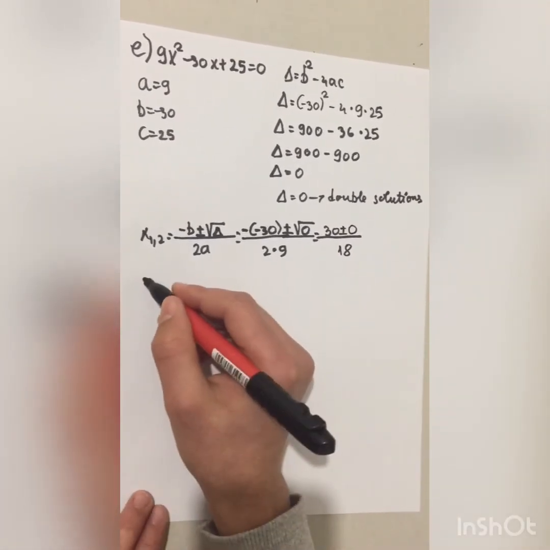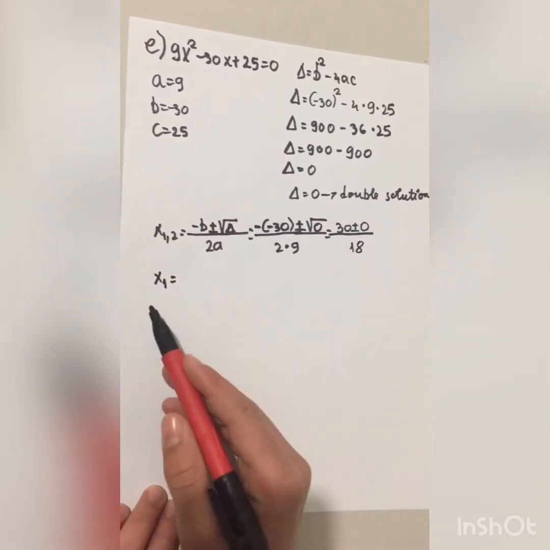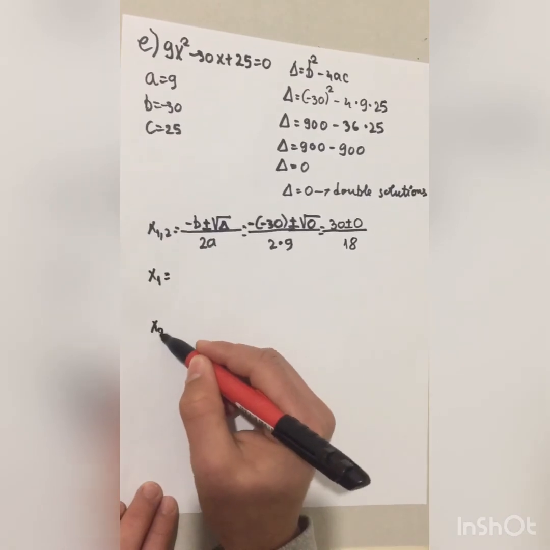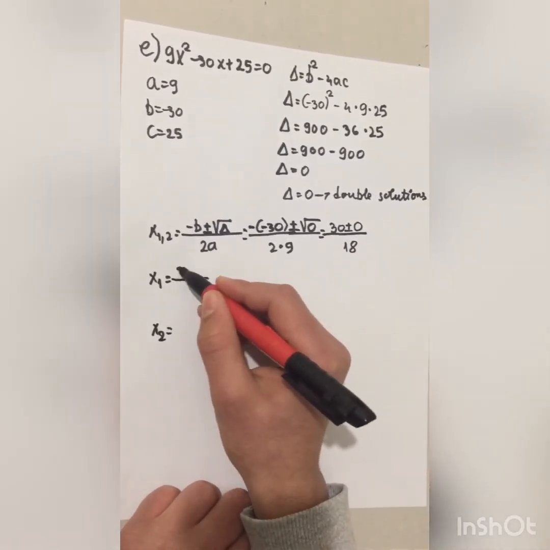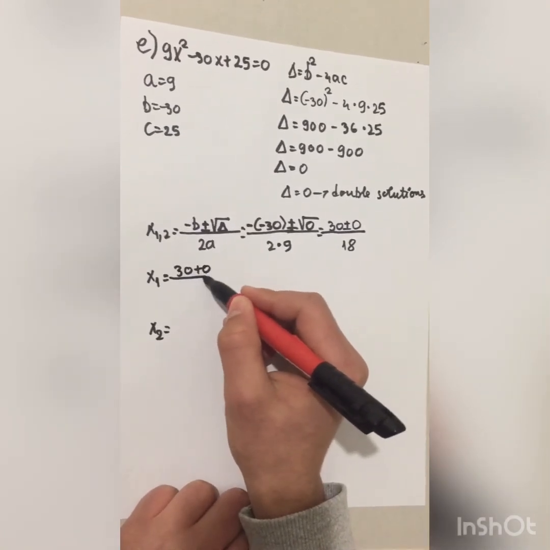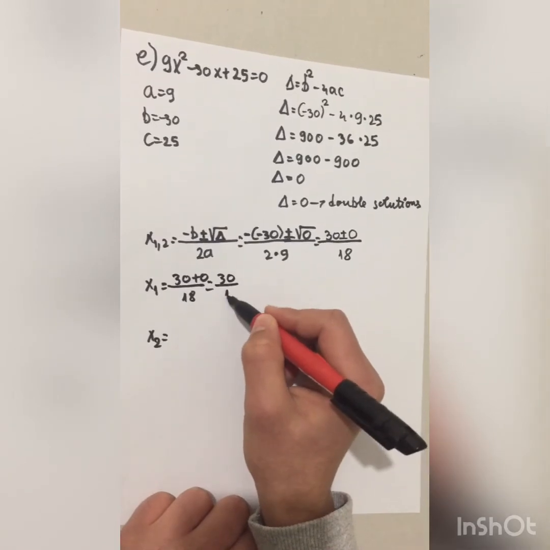Now we are going to do x1, that is 30 plus 0, and x2 that is 30 minus 0. 30 plus 0 over 18 equals 30 over 18.